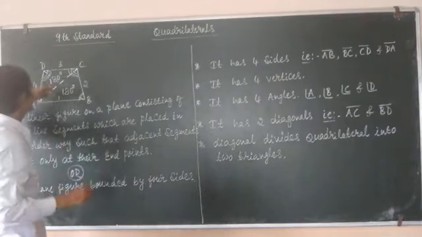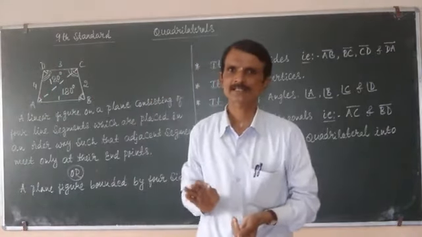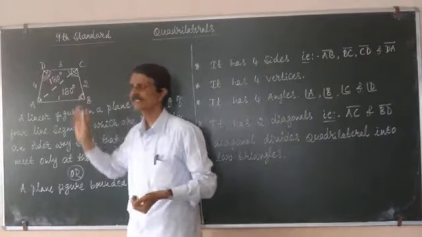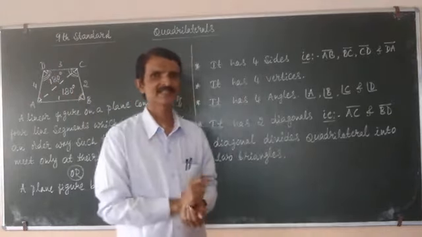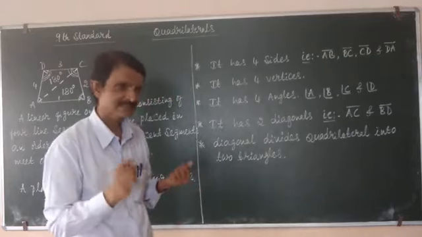So therefore, what will be the sum of the four angles of the quadrilateral? Yes, 180 plus 180, it becomes 360 degrees.